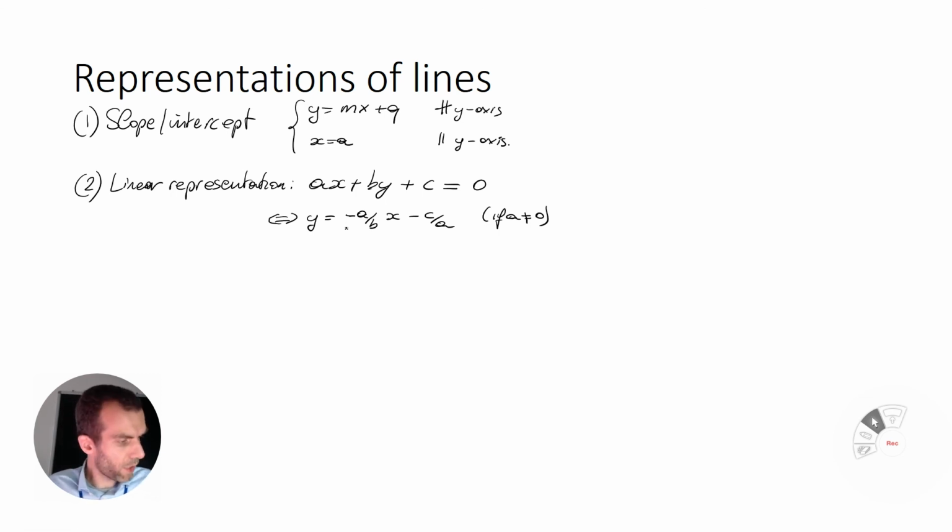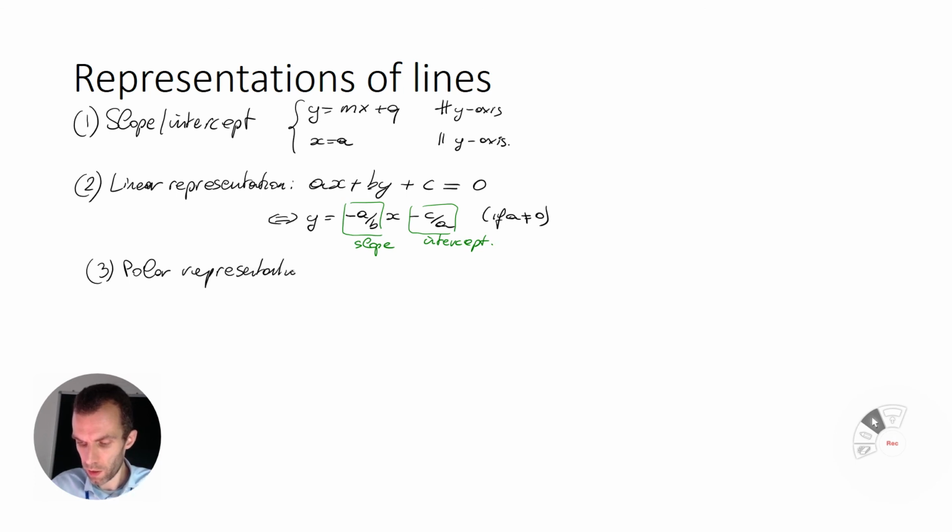And so you see that in that case minus a over b is the slope, and minus c over b is the intercept. And then two more representations that we haven't covered, but for the sake of completeness, there is a polar representation using polar coordinates.